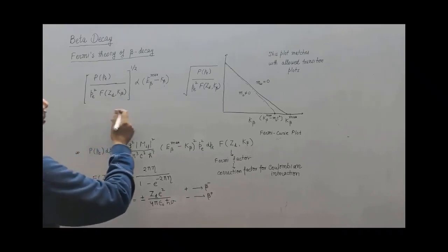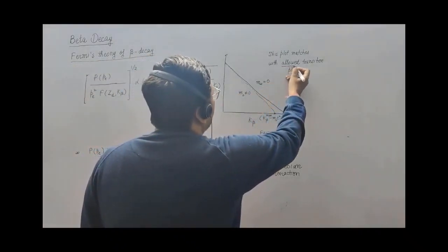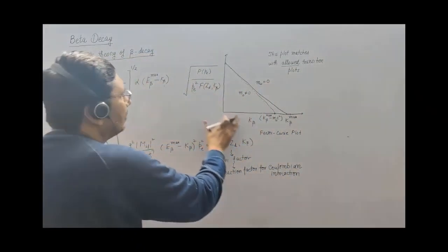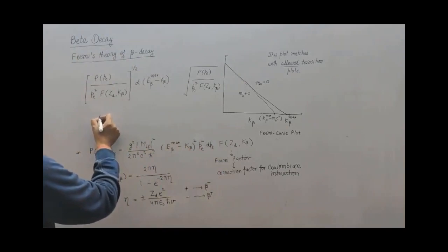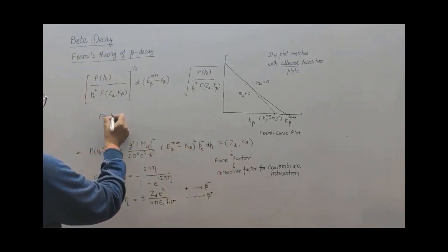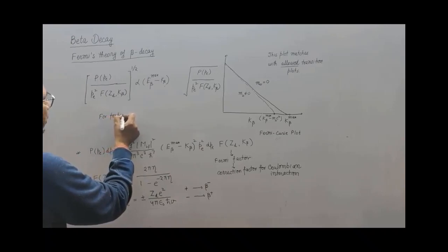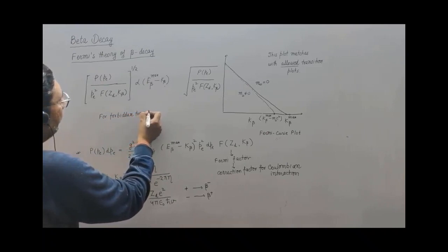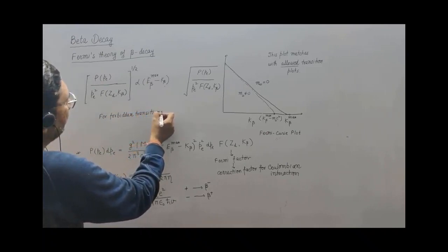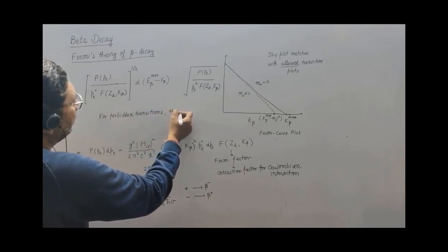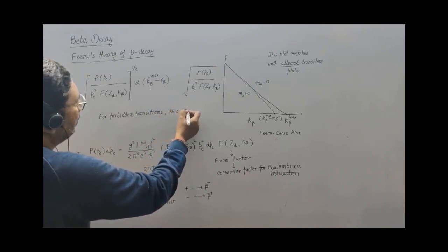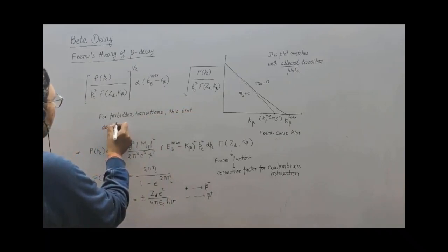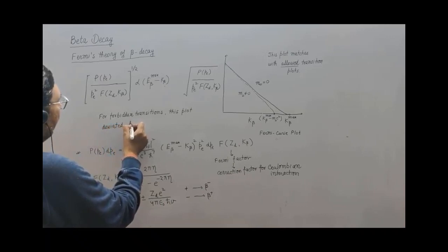So for allowed transitions, this type of plot matches the experimental results, but for forbidden transitions, this type of plot deviates from a straight line.